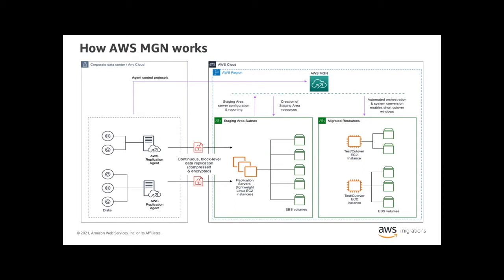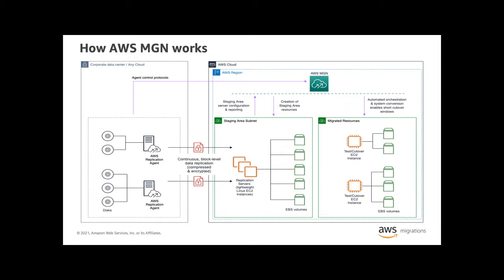So on the left side is the source environment. In this example, it can be composed of different types of applications or databases. But in this case, you can notice that I have two servers, right? One with 2 disks and the second one with 3 disks. When it comes to replication itself, you can pick all the disks, or let's say you have a server with 10 disks and you just want to migrate a handful of them.